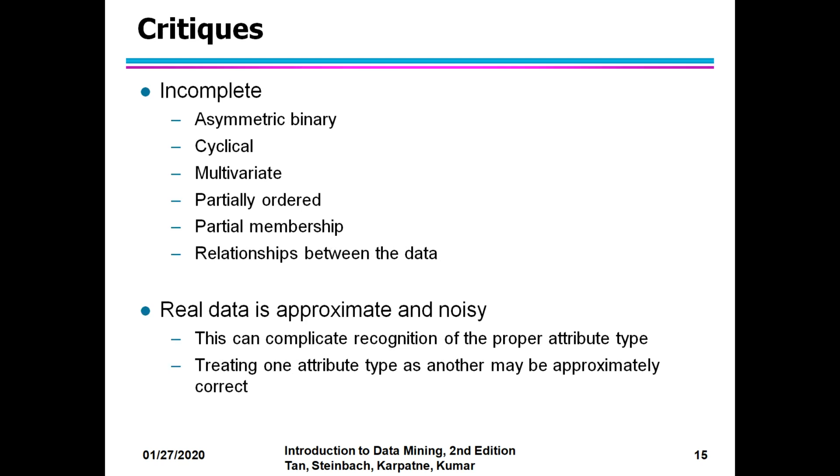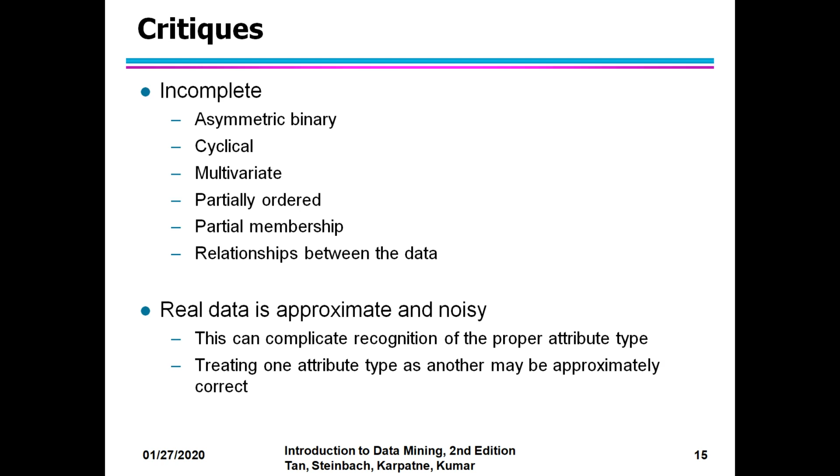Now coming to the critiques: incomplete. Incomplete covers asymmetric, binary, cyclical, multivariate, partially ordered, partial membership, and relationships between the data. They are all incomplete data. Real data is approximate and noisy. The data we capture from a real-time operation or a real-time temperature recording will have noise.